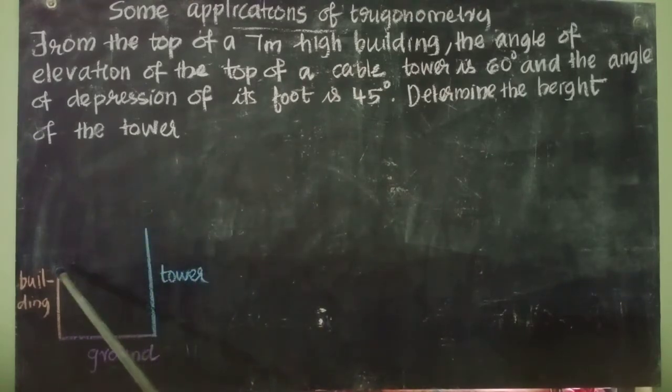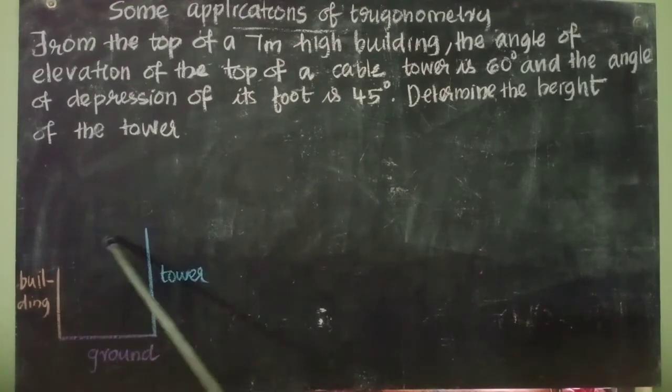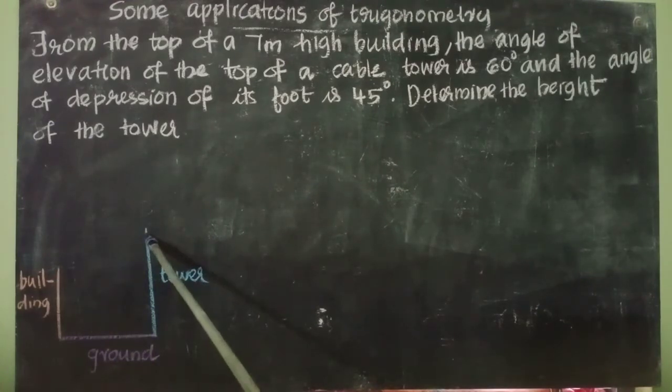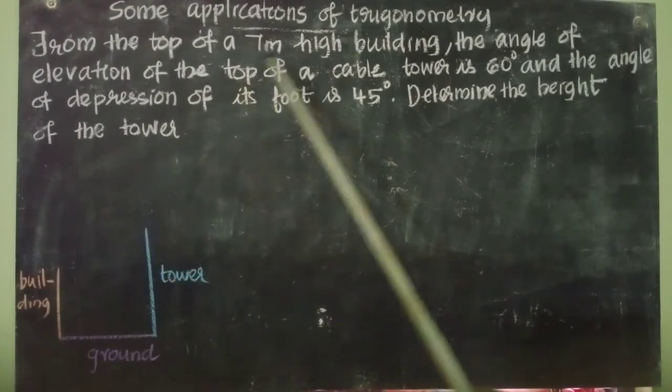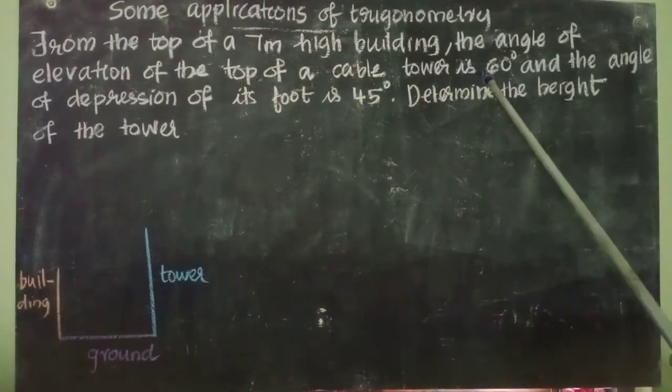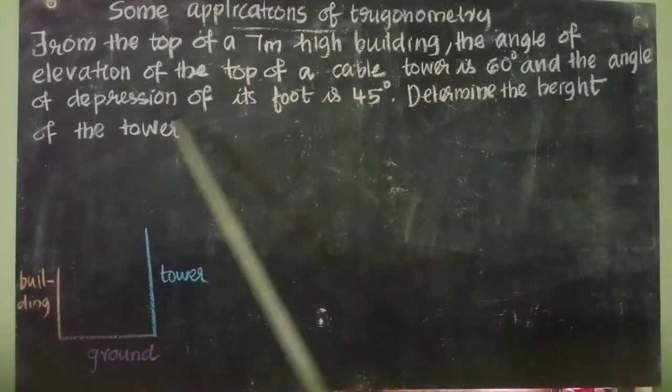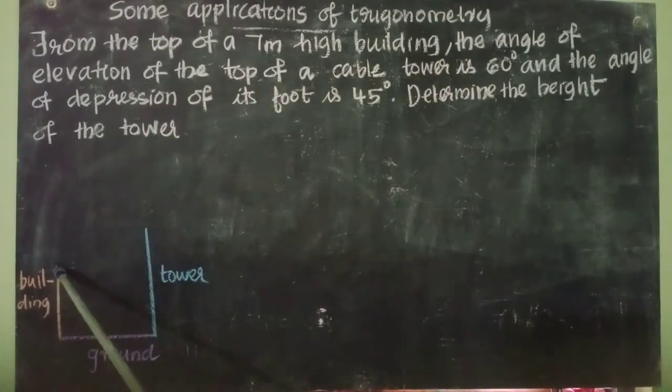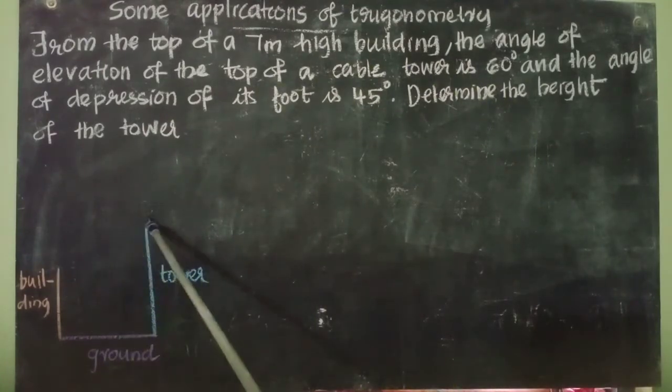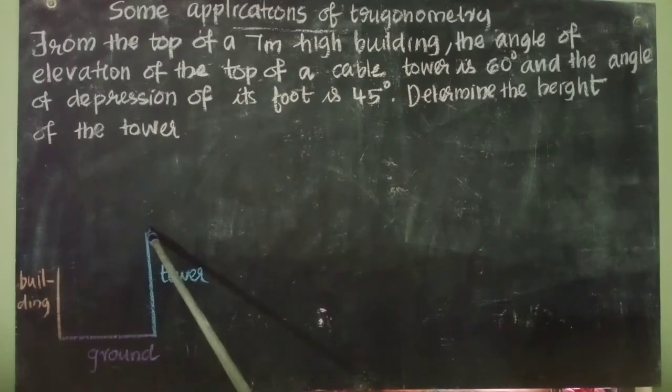So the person is on the top of the building and he is looking to the top of the tower at an angle of elevation of 60 degree.